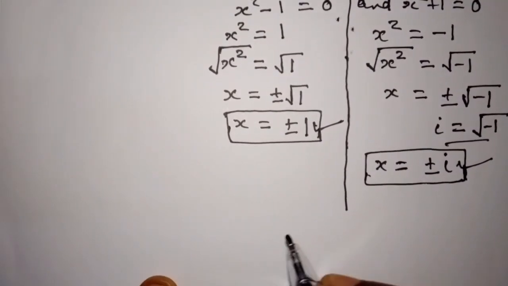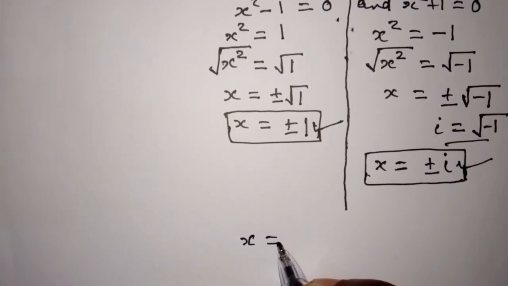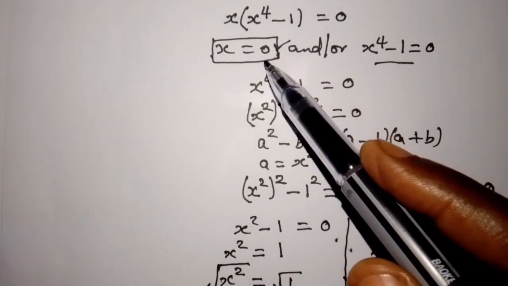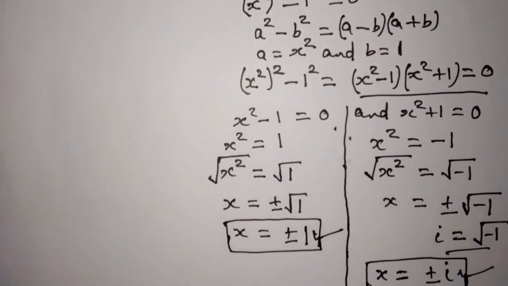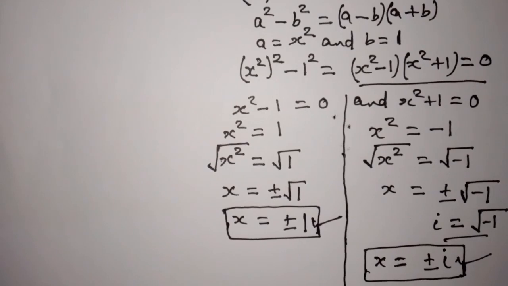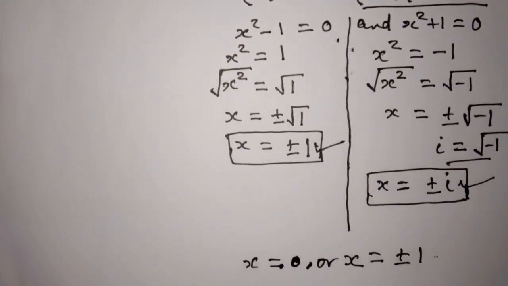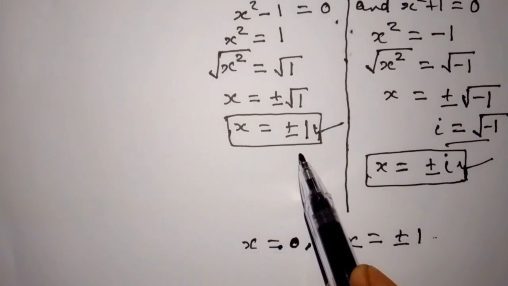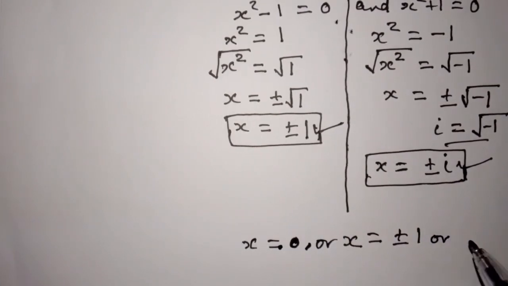The first one is x is equal to 0, or x is equal to plus minus 1, or x is equal to plus minus i.